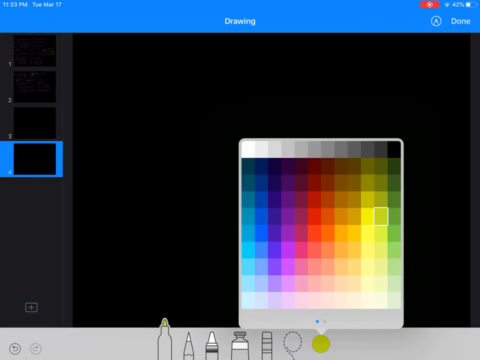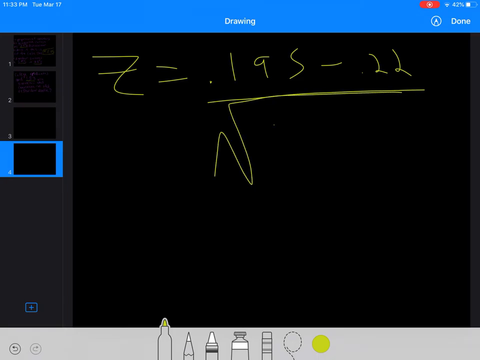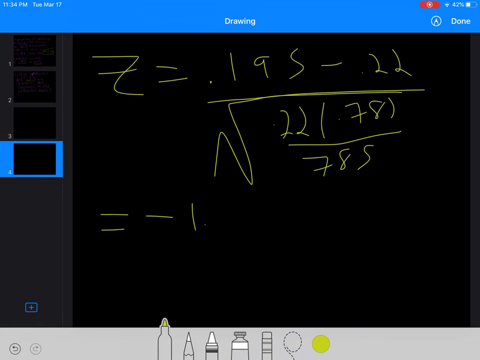We already calculated our p hat from earlier, which is 0.195. The p naught value was 0.22. That's our null hypothesis value. Then 1 minus p naught is 0.78, and over 785, that's going to equal negative 1.69.